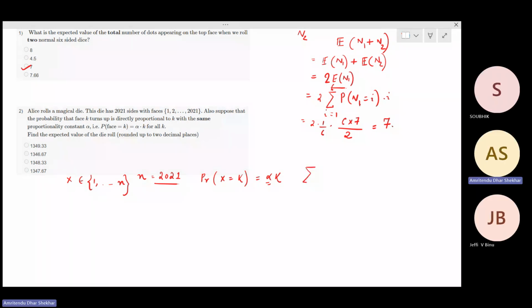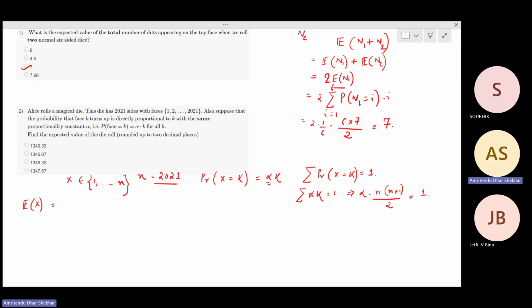So the sum over k of probability X equals k should add up to one, which means that the sum over k of alpha times k equals one, which means that alpha times n into n plus one by two equals one. Now we have to find out the expectation of X.